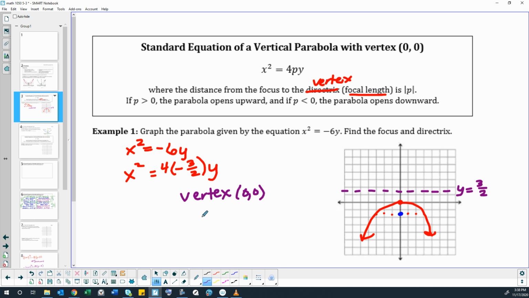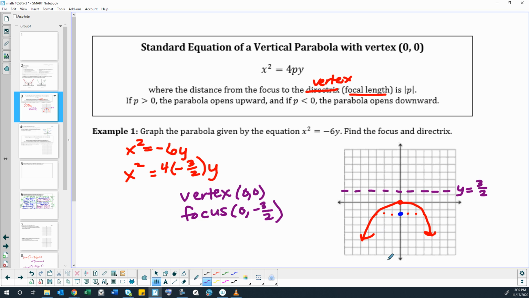You'll see the difference between that and other problems here in a second. And then we have our focus at (0, 3, negative 3/2), and that's because p right here is this number for now, since there's no h and k. p is just this number.